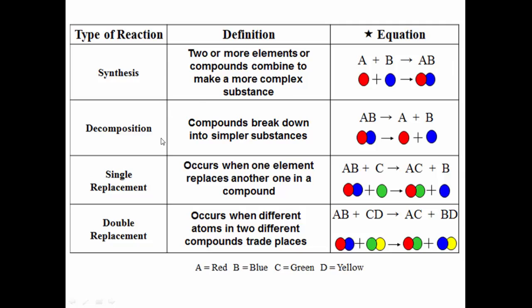And then we have the decomposition, so AB breaks apart to A and B. We have single replacement, which we didn't really talk about, but that's basically you start off with AB plus another element C, and that rearranges to A matching up with C, and then B is the free element. Or you can have a double replacement, so you have AB plus CD yields AC and BD, so they kind of switch partners.